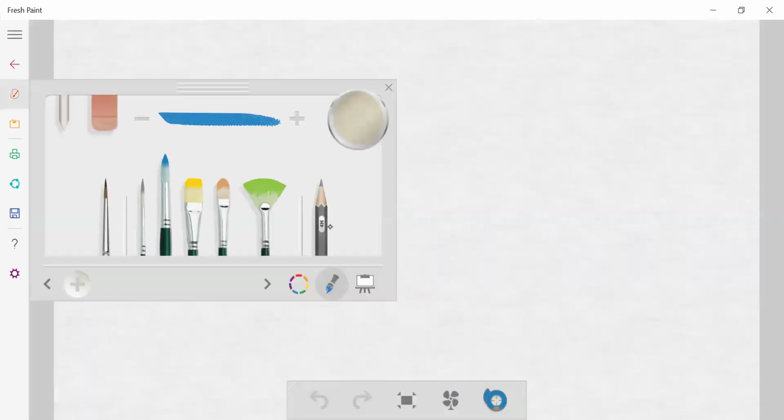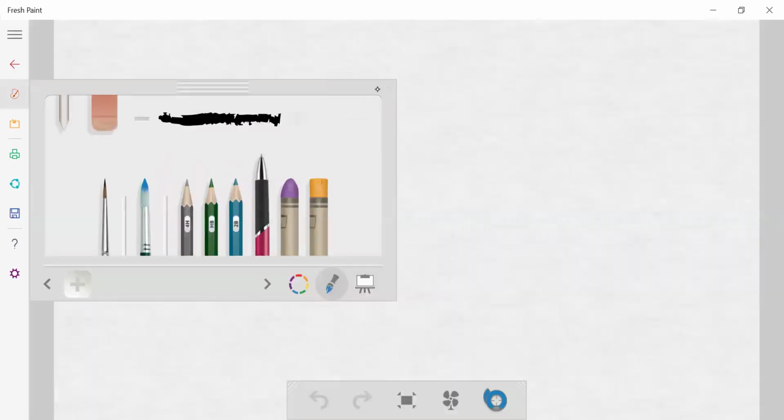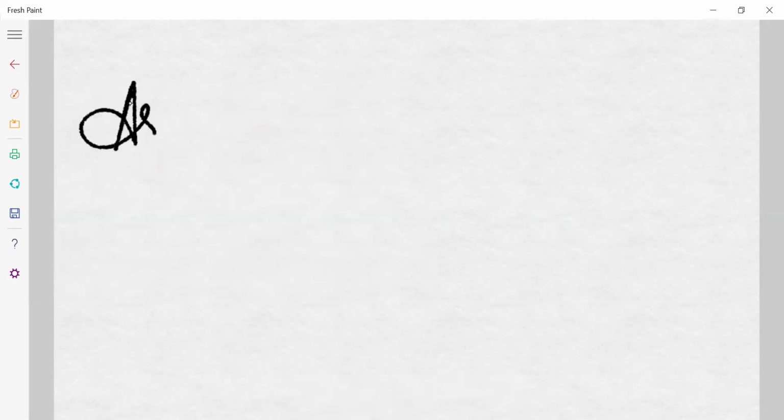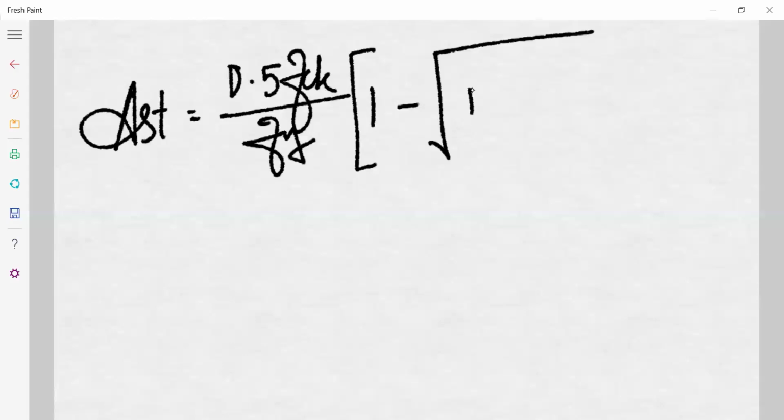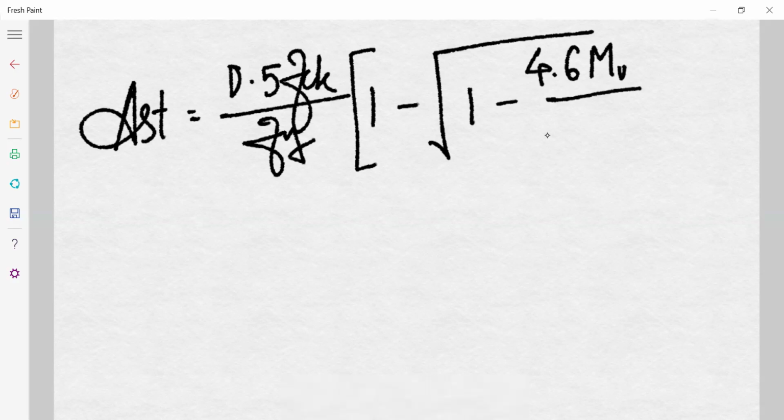So Ast is equal to 0.5 FCK by Fy into 1 minus root over 1 minus 4.6 Mu by FCK BD square, into BD.